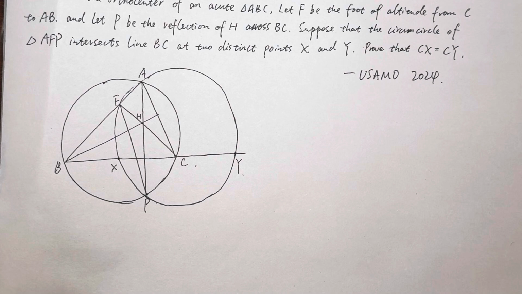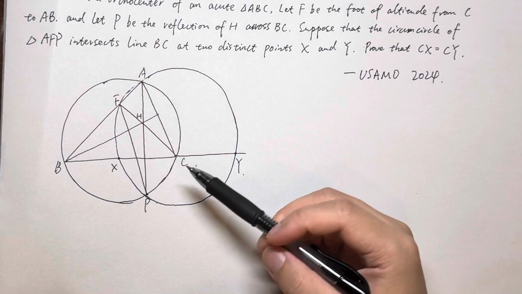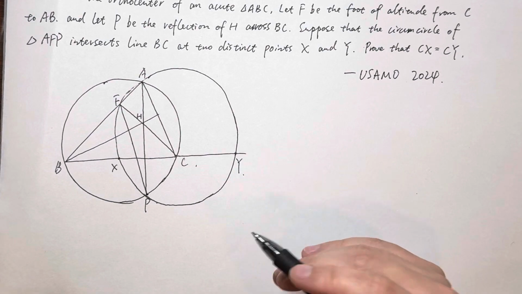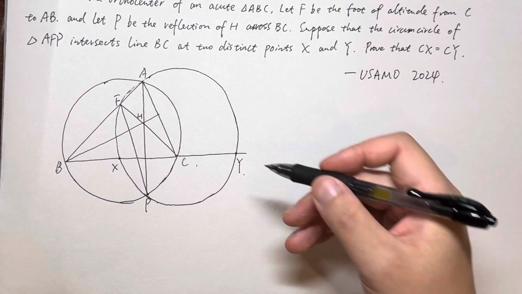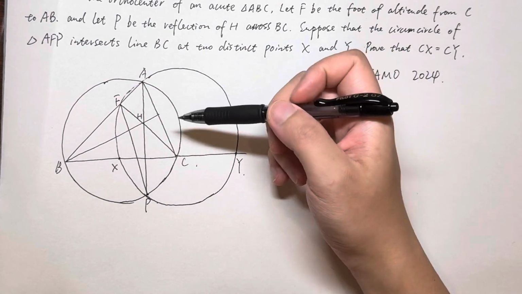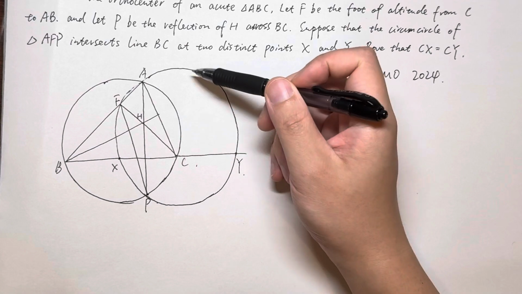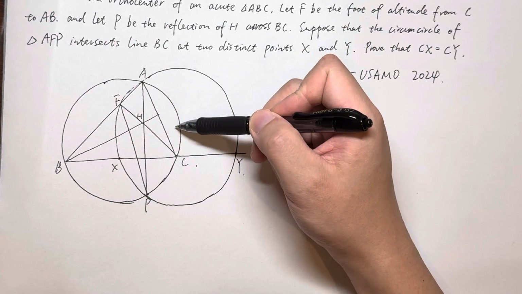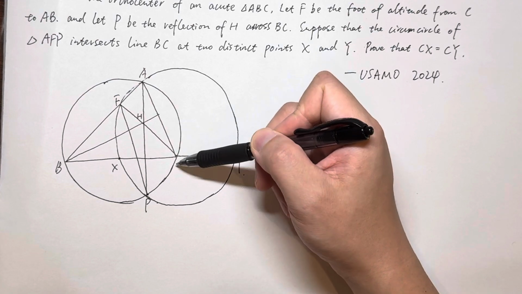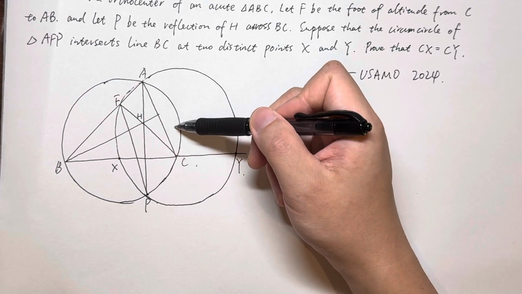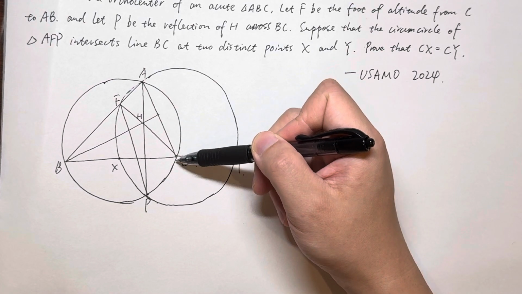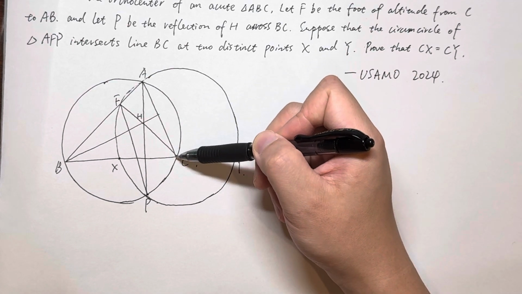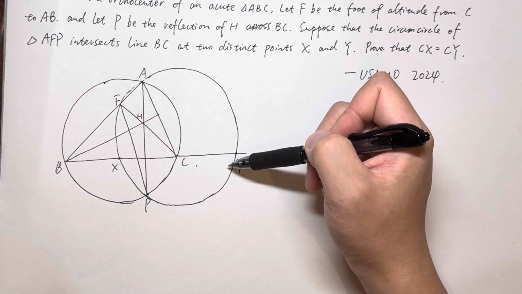Because we want to show CX equals CY, sometimes it would be easy if we can find the center of the circumcircle of triangle AFP and connect the center to C. We prove that the center of the circle, let's call it O prime for example, O prime C would be perpendicular to XY.